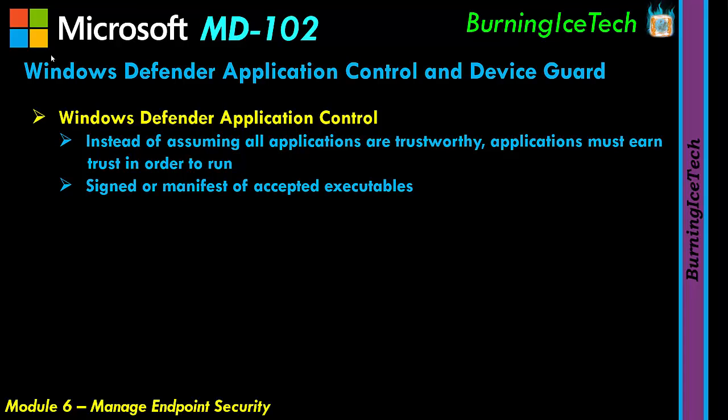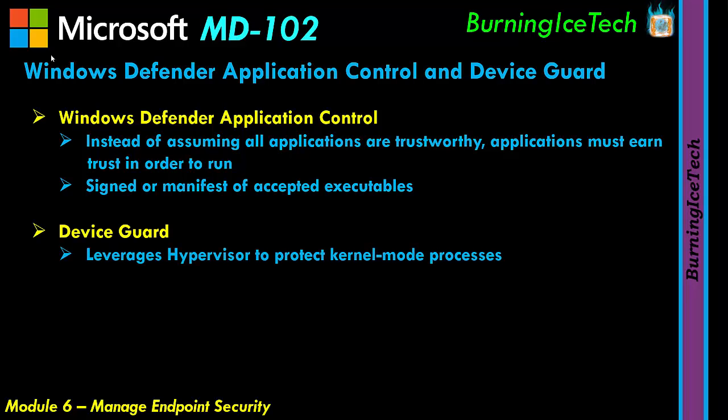How cool is that? Looking at the Device Guard side of the coin, Device Guard, folks, combines the features of application control with the ability to leverage the Windows Hyper-V hypervisor to protect Windows kernel mode processes against the injection and execution of malicious or unverified code.